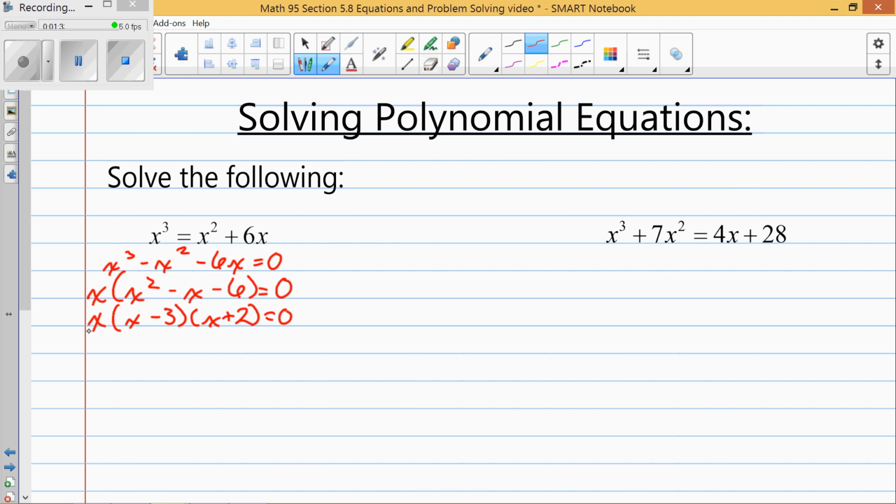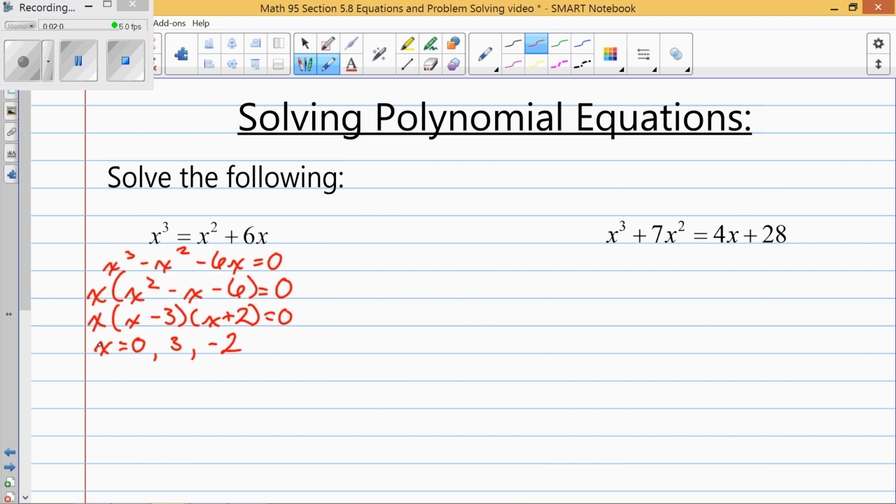So now I need to set each factor equal to 0. I have 3 factors, so I should have 3 solutions. This x out front gives us our x equals 0. Our second factor, x minus 3 equals 0 when x equals 3. And our third factor, x plus 2 equals 0 when x is negative 2.